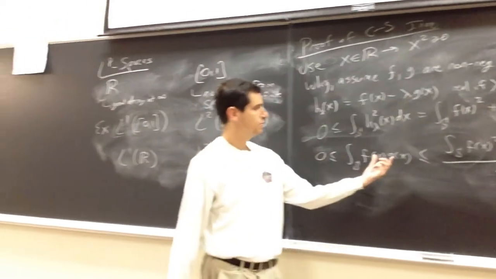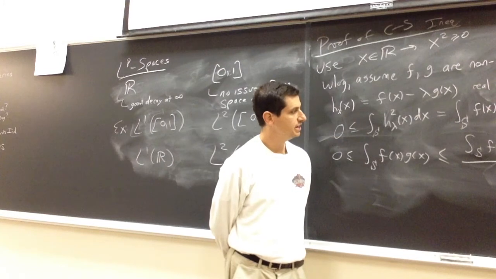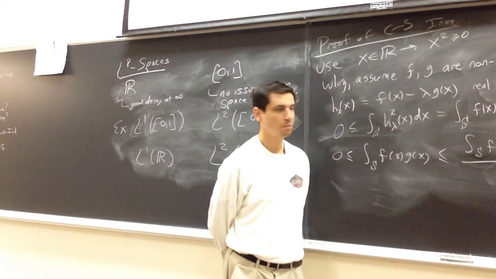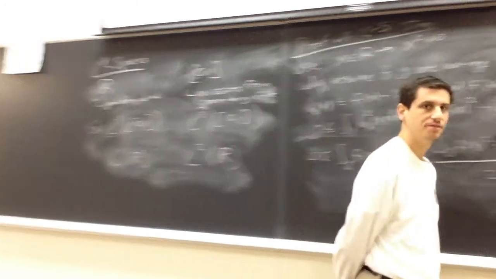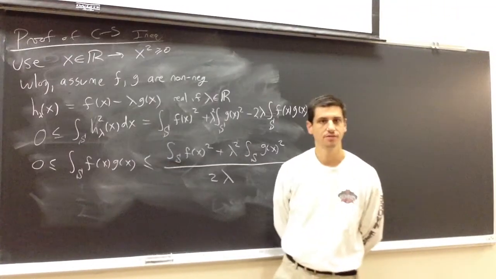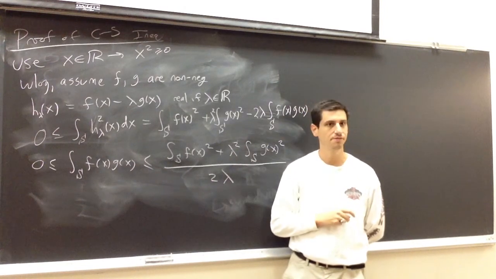And of course, this is going to be greater than or equal to 0. Have I done anything wrong here? Or is there anything I have to be careful about? What do I have to be careful about in going from this line to this line?